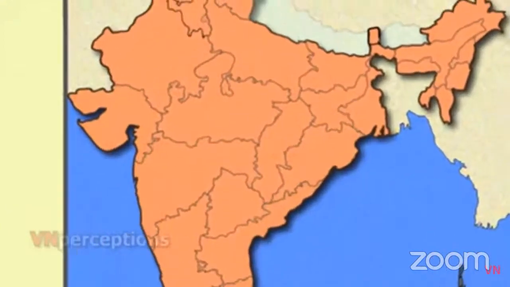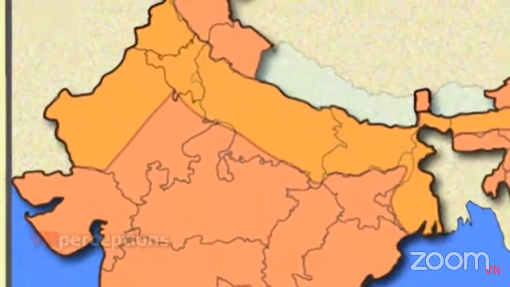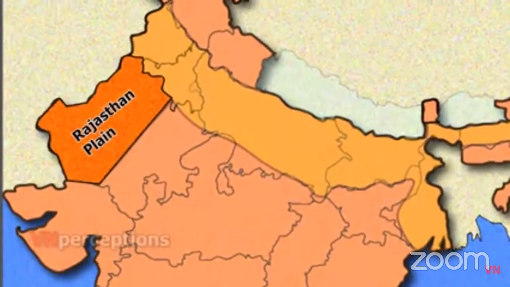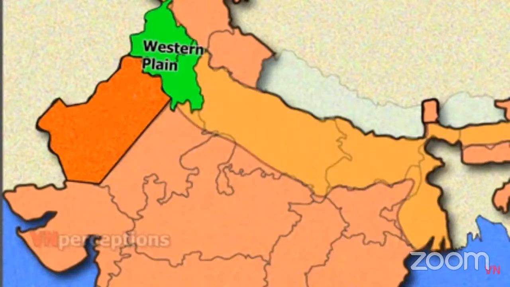The North Indian plain is divided into the Rajasthan plain, which is generally studied as a separate physical division of India. Then the Western plain, which covers the states of Punjab and Haryana.